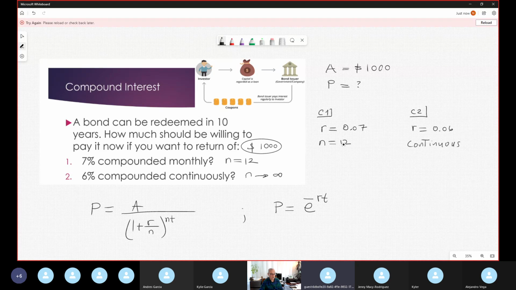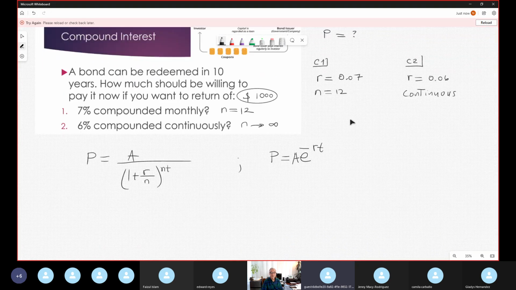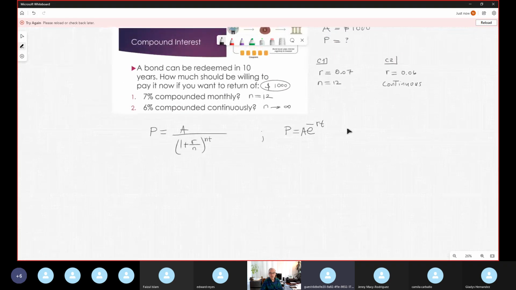Sorry, I forgot A, the future value. Okay, so let's plug it in and calculate. This is 1000 divided by 1 plus 0.07 divided by 12, raised to the, well, how many years do we have?